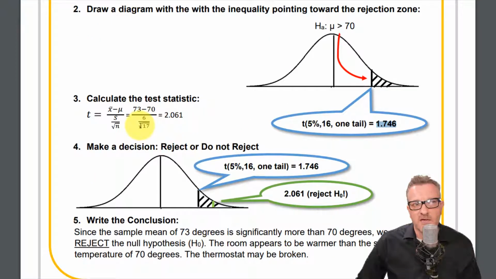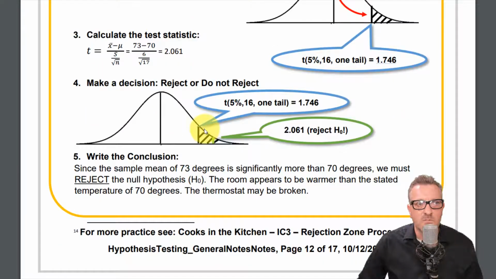And then we do the calculated statistic. We put all of our data in. We get the calculated value. It's a positive number. It's on the right-hand side of the distribution. Now, we need to figure out if we reject or not. So this is larger than this. So we place it right in there. And what that means is we're going to reject.